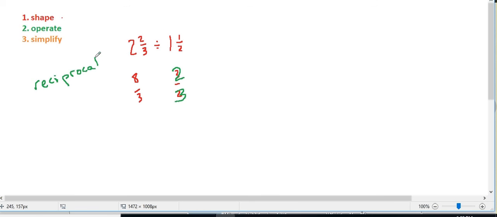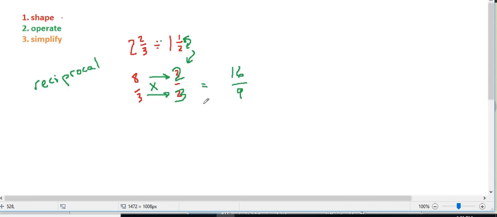To divide fractions, you multiply by the reciprocal, which looks like that. 8 times 2 is 16. 3 times 3 is 9.